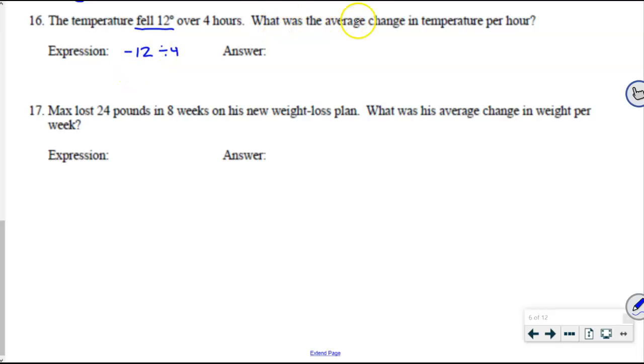What was the average change in temperature per hour? -12 divided by 4 is equal to -3. As a complete sentence, we would say the temperature dropped or fell 3 degrees per hour.